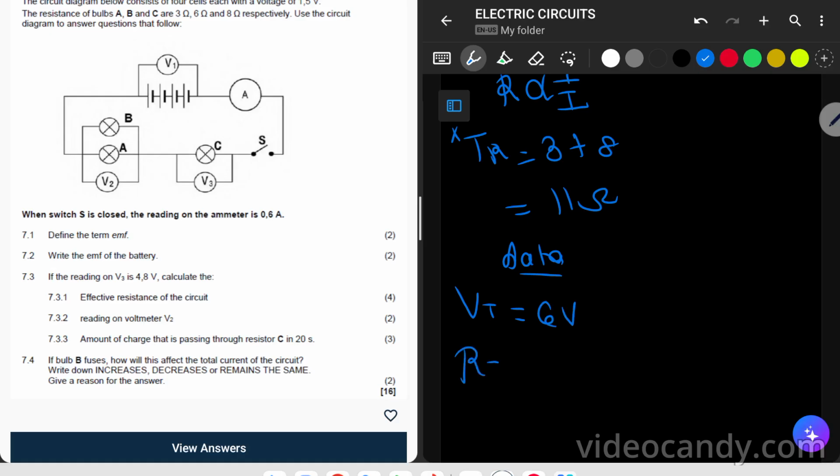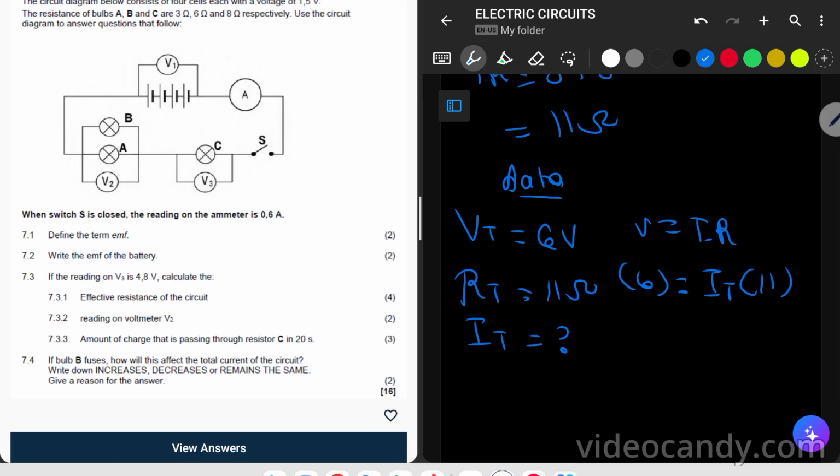The total resistance you got is 11 ohms. Now you're looking for the current to see what effect this had on the total current. Therefore, V is equal to IR. You substitute your voltage, you got 6, is equal to your current, which you don't have, that's what you're looking for, multiplied by the resistance, which is 11. Divide both sides by 11 to have I as the subject of the formula.